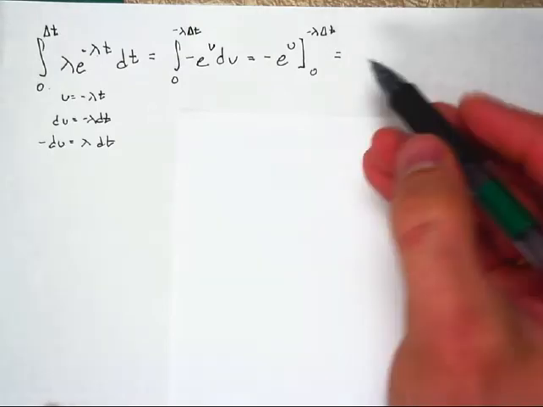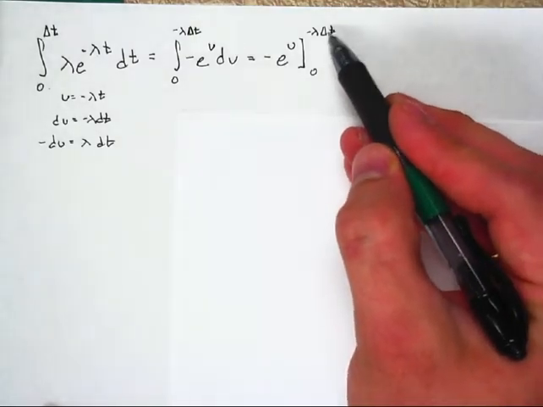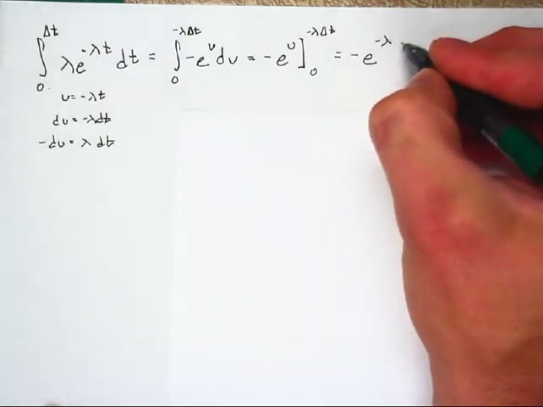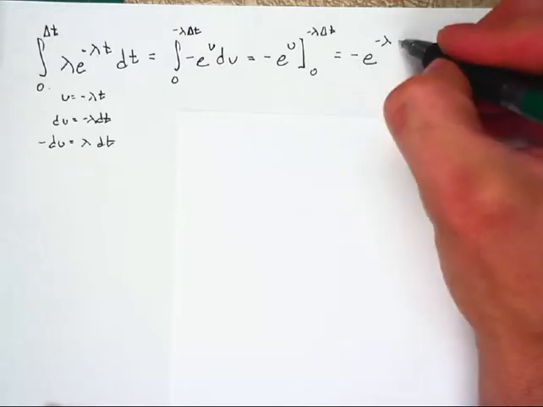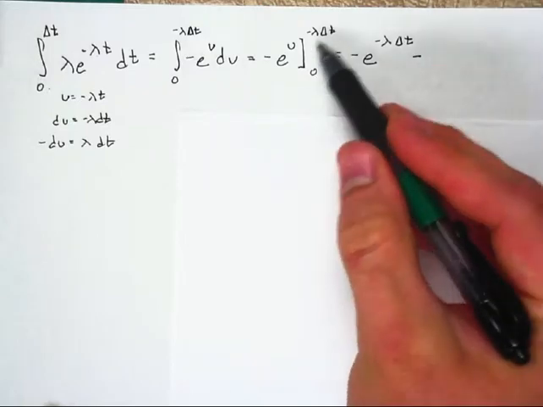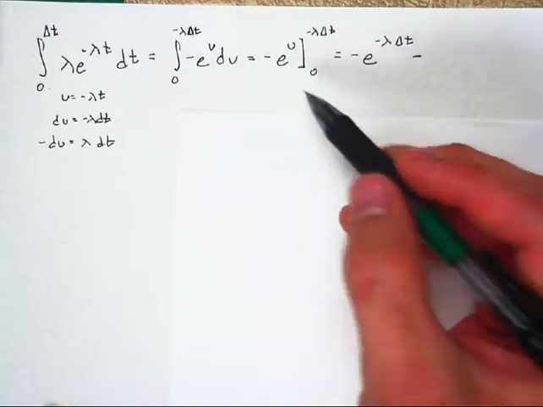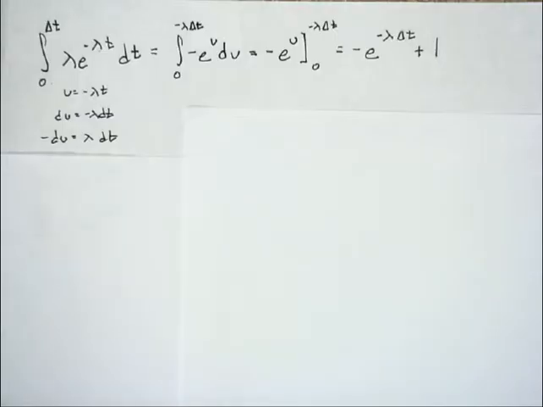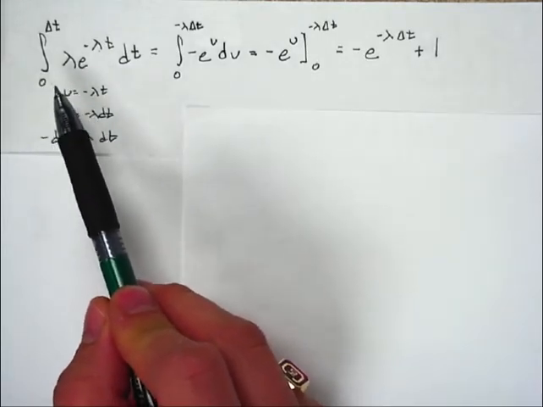You plug in negative lambda delta t for u, so you get negative e to the negative lambda delta t, minus what you get when you plug in 0: minus a negative e to the 0, which would just be plus 1. And that's the probability that the next arrival will occur between 0 and delta t.